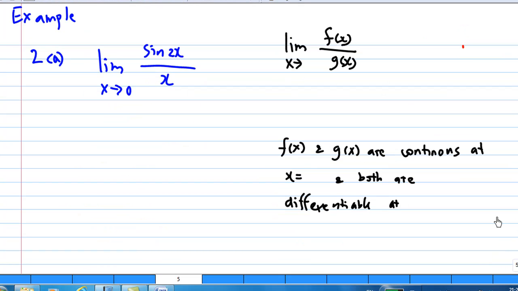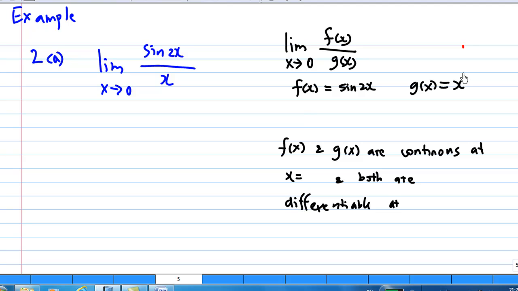Let's look at example 2a. I'm going to find the limit of sine 2x over x when x approaches 0. This is the kind of limit f(x) over g(x) when x approaches 0, where f(x) is sine 2x and g(x) is x.